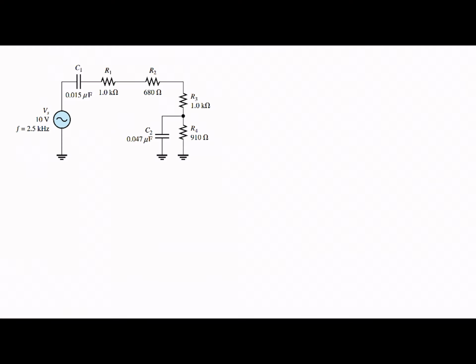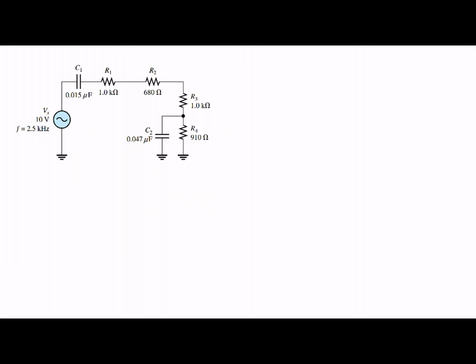Okay, so we have this circuit, and you see there are no instructions, and basically what we would like to do is to simplify this circuit into its equivalent impedance, and then from the equivalent impedance we can get the current and also get the phasor diagram of the equivalent circuit. So the given quantities are a sinusoidal voltage of 10 volts operating at 2.5 kilohertz. You have two capacitors C1 and C2, and then resistors R1, R2, R3, and R4.